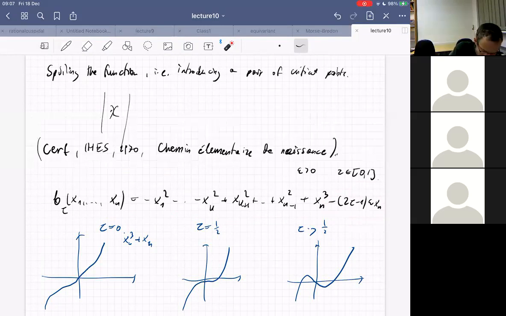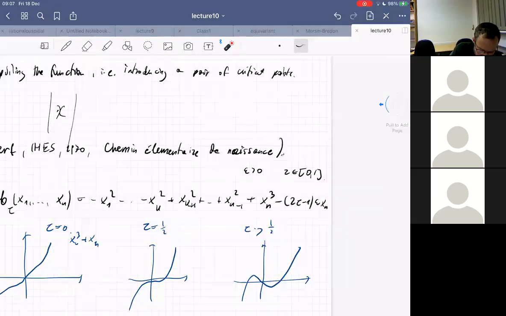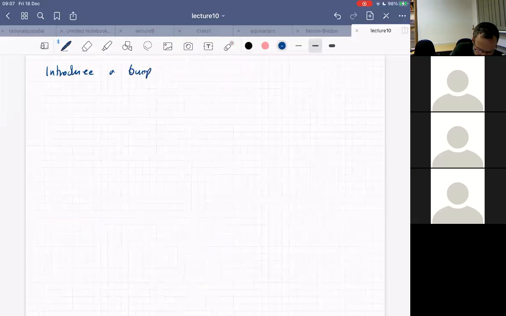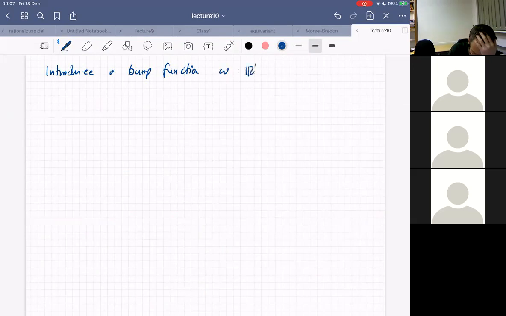Well, introduce a bump function omega from R^n to R, supported on U, where U is some ball in R^n.